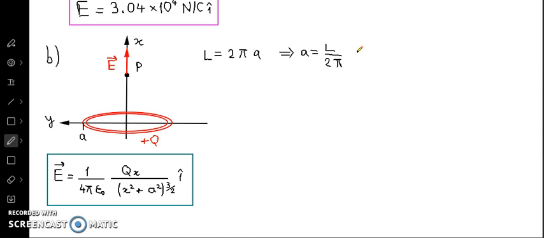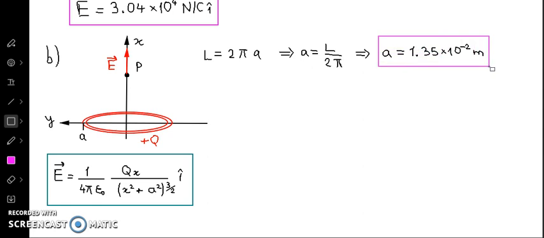If you plug in the value 8.5 centimeters for L, here's what you get for A. Just divide 8.5 times 10 to the power negative 2 meters by 2 pi. You get the value 1.35 times 10 to the power negative 2 meters for A. Now we have all the values.